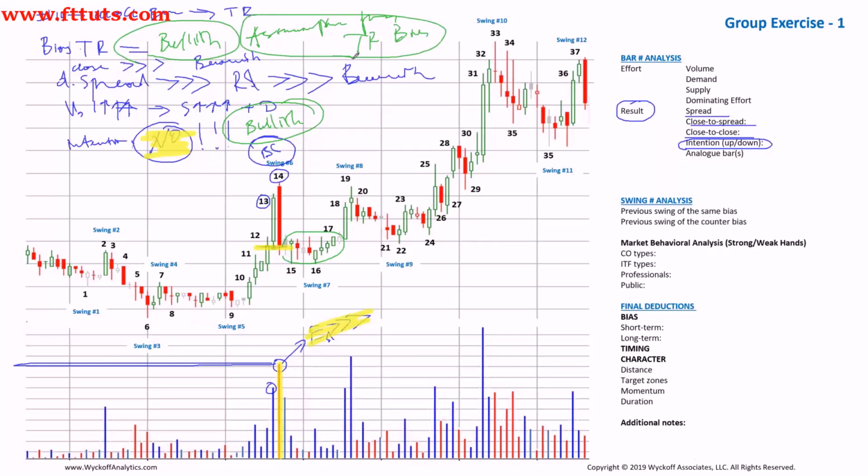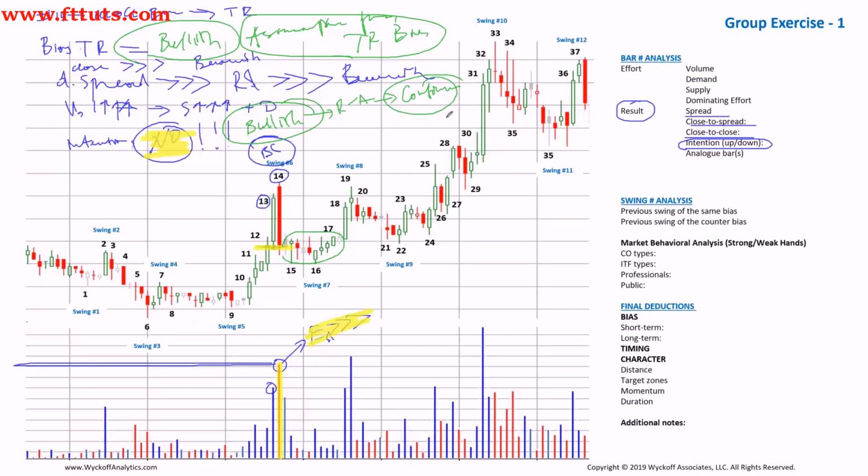Does that make sense, guys? Really quickly, say yes. I want to see how you're involved in this discussion. So we are thinking that the bias is bullish, so therefore we're thinking reaccumulation. And now, Ronnie, what we're going to do through this whole trading range is just confirm this bias.